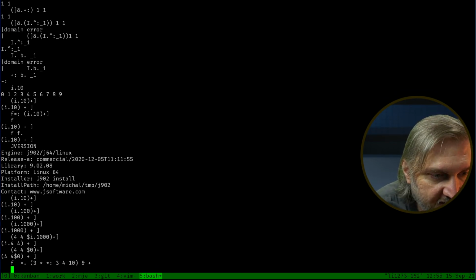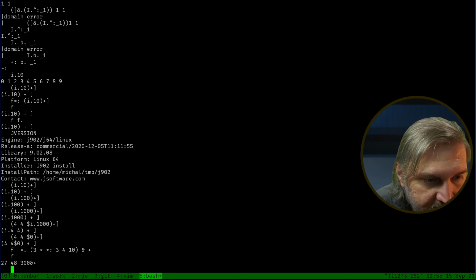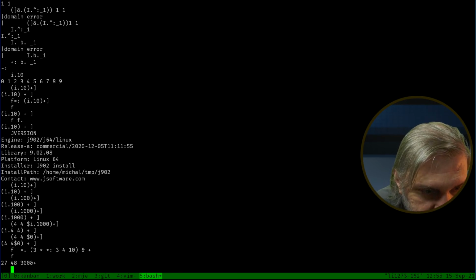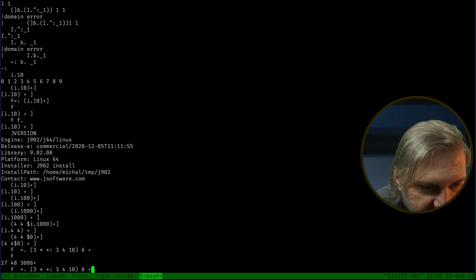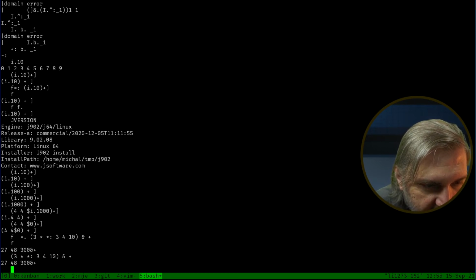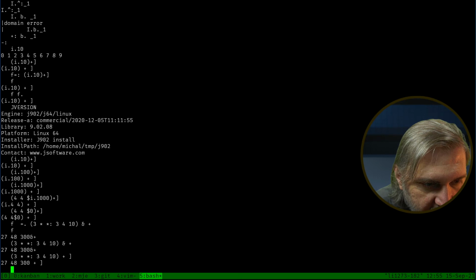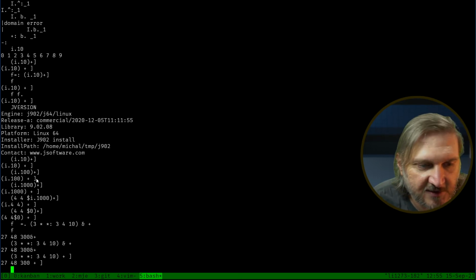F. There we go. So if you do some arithmetic in there, it'll fix that for you. And is it also doing that for a fork? Yeah. Okay. So sometimes it'll evaluate.